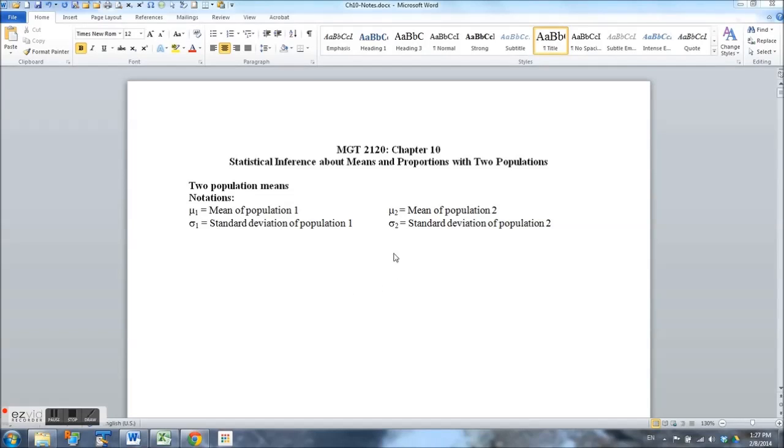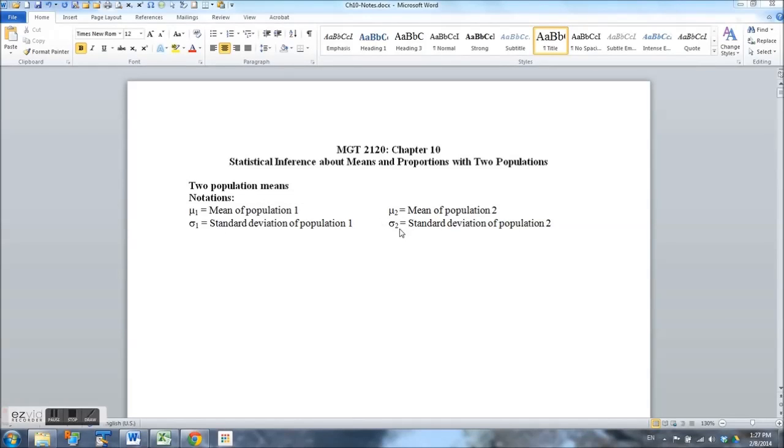So here we see some notations. This is the first population with the mean mu sub 1. The subscript 1 indicates population 1. And then the standard deviation of population 1 is denoted by sigma sub 1.